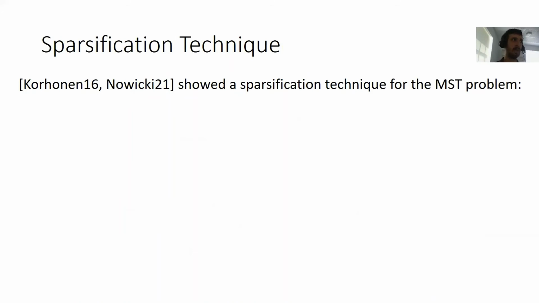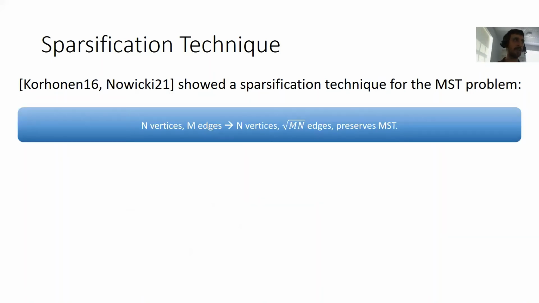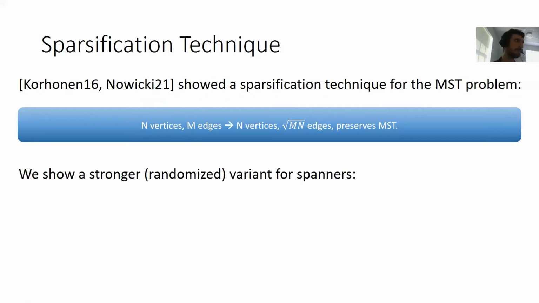Kohonen and Nowicki, each in their paper, showed the sparsification technique for the MST problem, which informally says this: given a subgraph with n vertices and m edges, you can get a subgraph in order of 1 rounds with n vertices, square root of m n edges, that preserves the MST, and they do this deterministically.